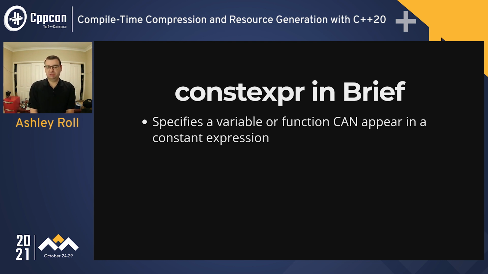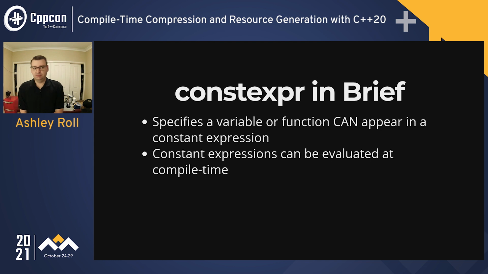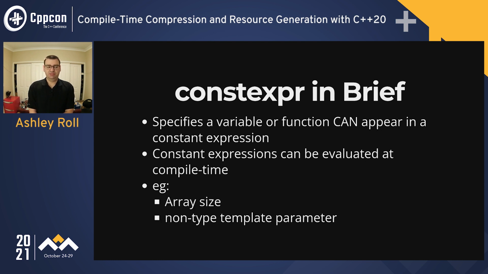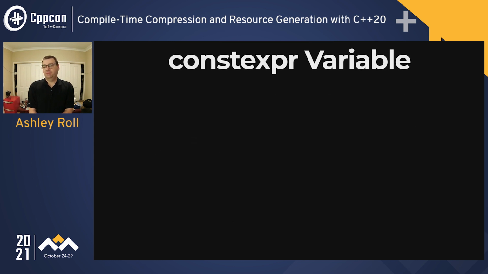So in C++, the constant expression can then be used for things like in types as well. Basically the constant expression is then evaluated at compile time. And we can use that for things like an array size, non-template type parameter, and things like that, which we're going to exploit to build types and fill them with data at compile time.